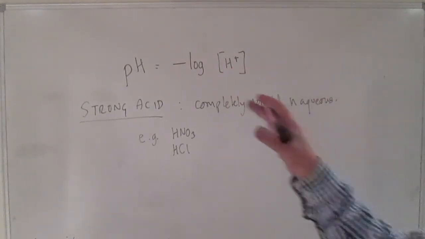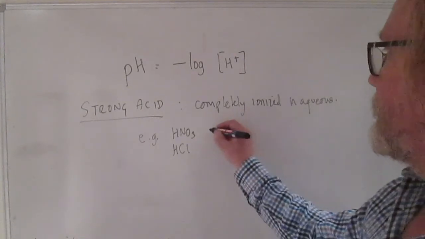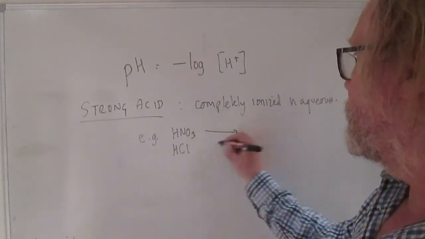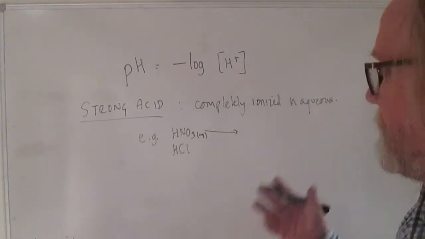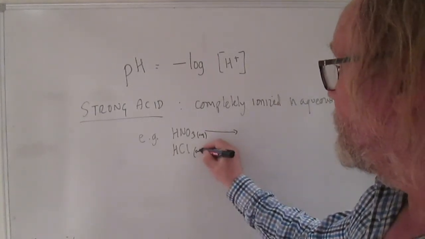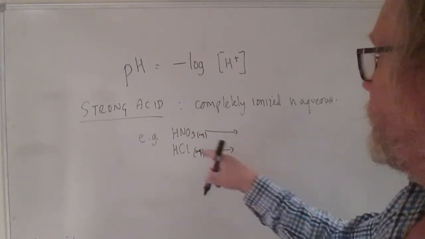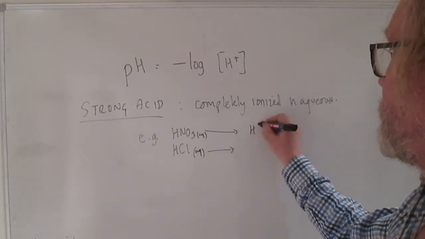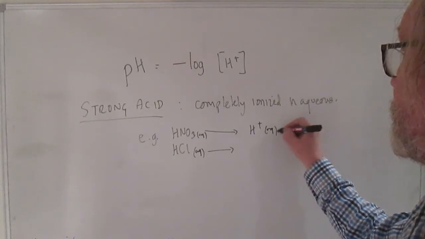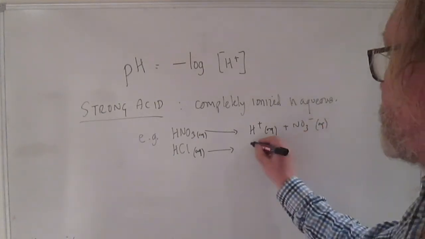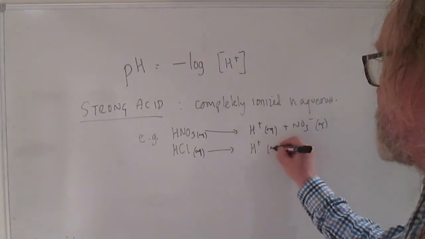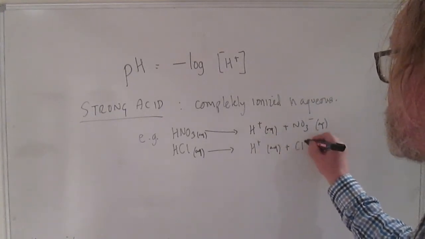And what it means about them being strong is that they ionize completely in aqueous solution. So every single molecule virtually, it's a bit of an approximation, but it's a pretty good one, every single molecule breaks up to give you H plus and NO3 minus, or H plus and Cl minus. That's what it means when we say they're strong acids.